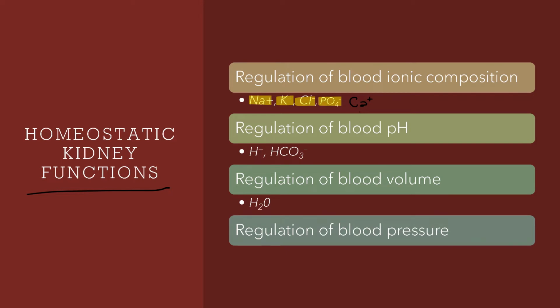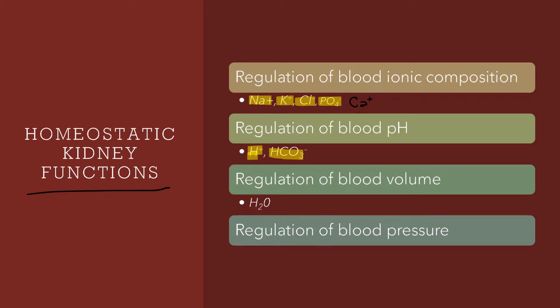The kidneys work to regulate blood pH. The kidneys will excrete a variable amount of hydrogen ions into the urine. So we're going to get rid of those acidic hydrogen ions, and they'll also work to conserve bicarbonate ions. Bicarbonate ions are a very important buffer of hydrogen ions in the blood.